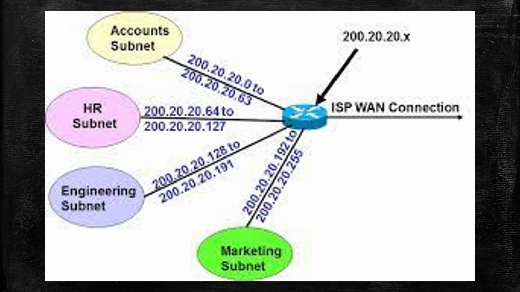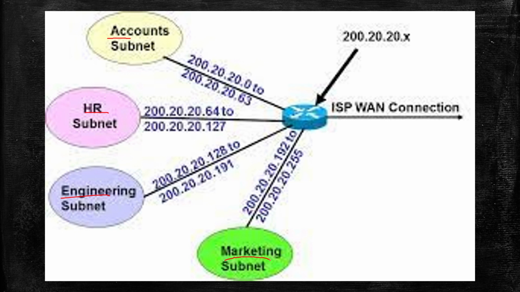I am giving one short example of subnetting. What is subnetting and why are we using it in a particular company? For example, I am the owner of a company, and I have many departments: account, HR, engineering, and marketing. If all departments work together, all work and all files and emails get mixed up, and it's difficult to find which work belongs to which department.